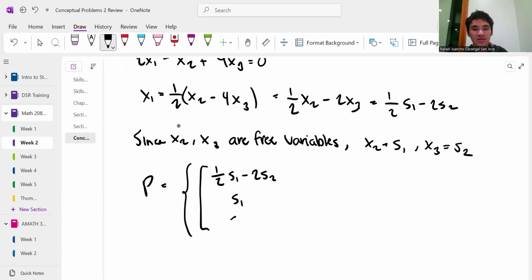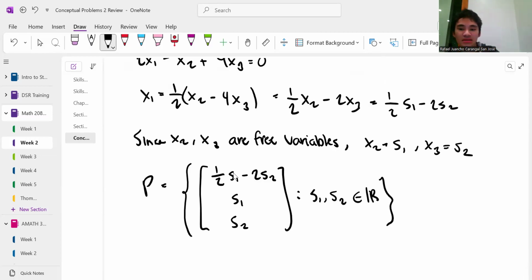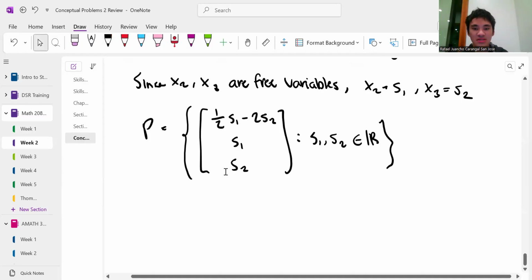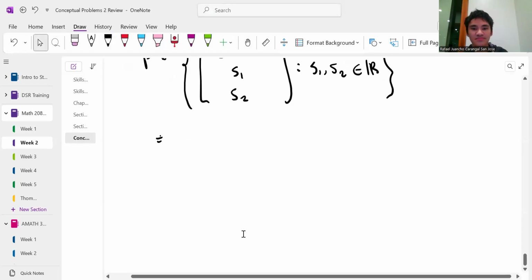Then this is s sub 1, s sub 2, such that s sub 1 and s sub 2 could be any real number. So this is basically the general solution. If we want a particular solution, well, we could do it like this. Here we're just translating it.